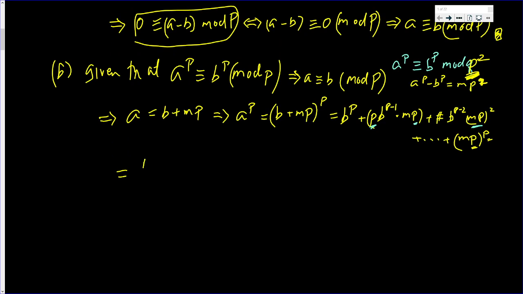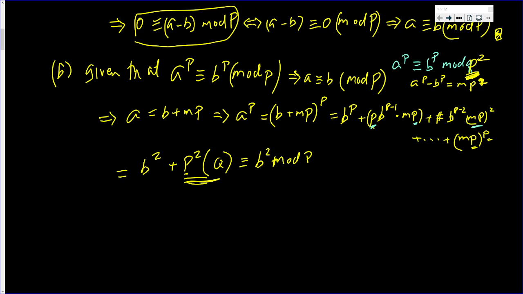Well, this is equal to b to the p plus, I can factor out a p squared, plus everything else. Well, this is congruent to b modulo p.